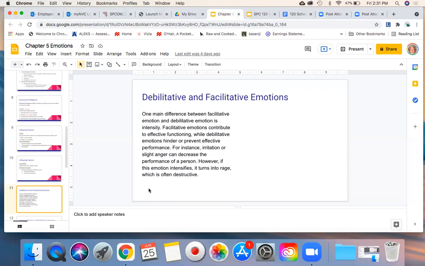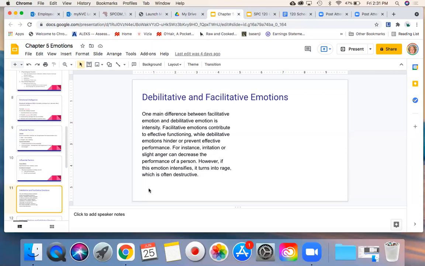Facilitative emotions contribute to effective functioning, while debilitative emotions hinder or prevent effective performance. So, for example, irritation or slight anger can decrease performance of a person. However, if this emotion intensifies, it turns into rage, which is often destructive.